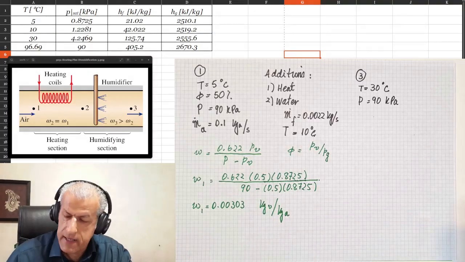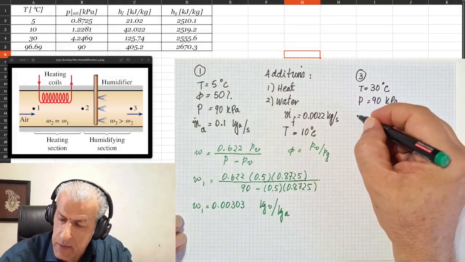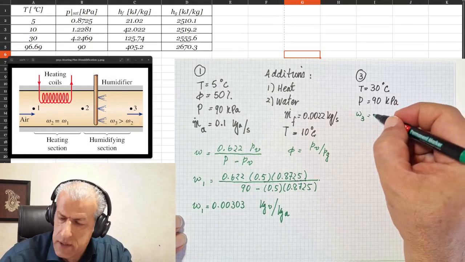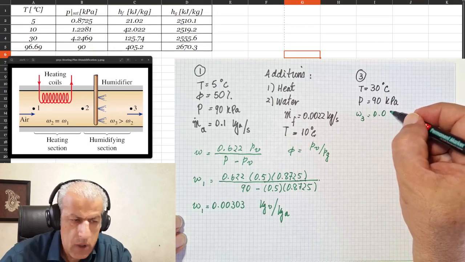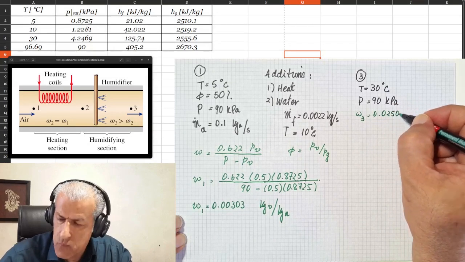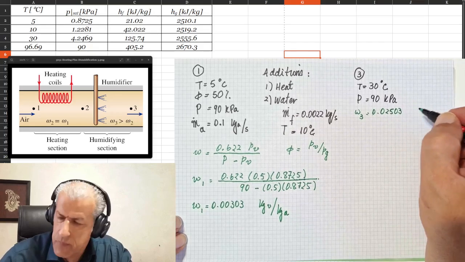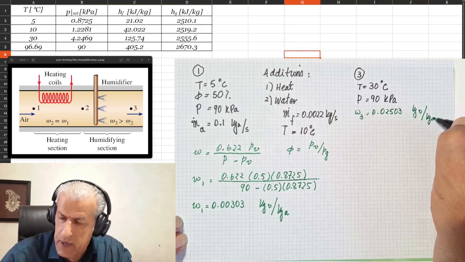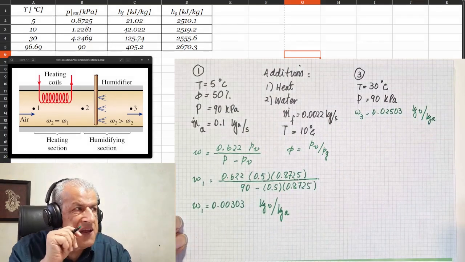Now we learned that at point 3, W3 equals 0.02503 kilograms of vapor per kilogram of air.